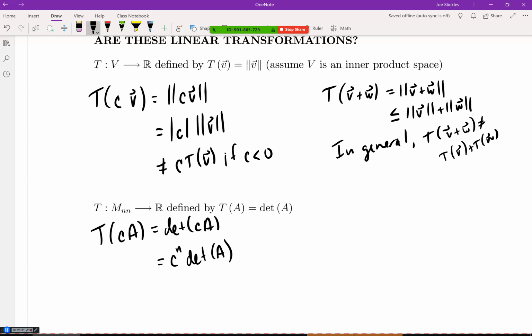A constant times a row changes the determinant by that constant. The scalar multiple of a multiplies every single row by c. So again, in general, the transformation of the constant times the matrix will not be the constant times the transformation.